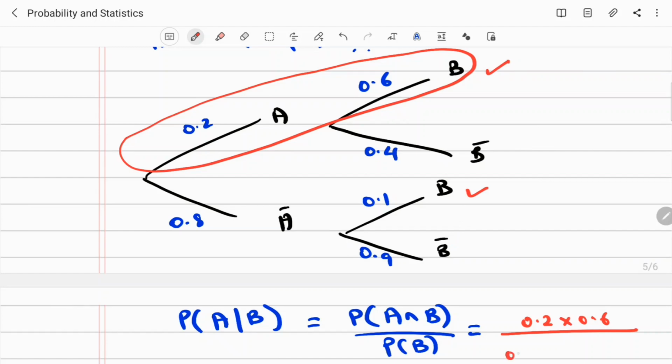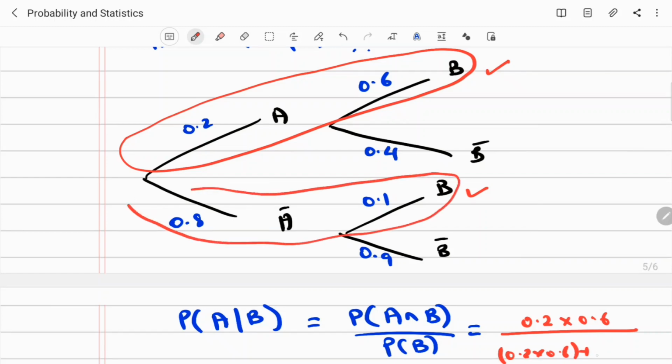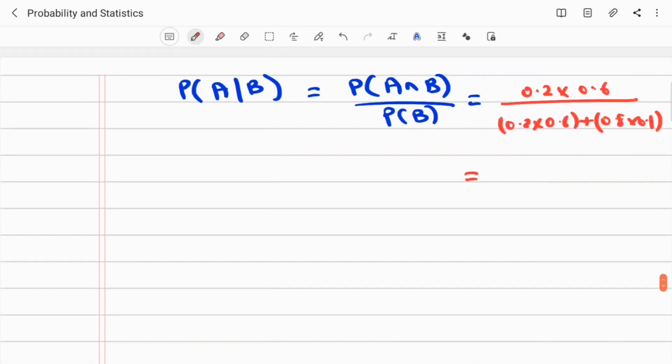So it's going to be 0.2 times 0.6 plus the second branch through here, 0.8 times 0.1. Solving that gives you 0.2 times 0.6 over 0.2, and this cancels out, giving you 0.6.